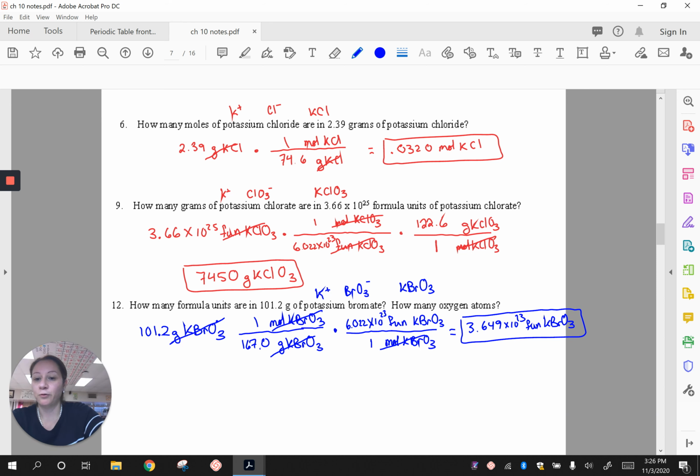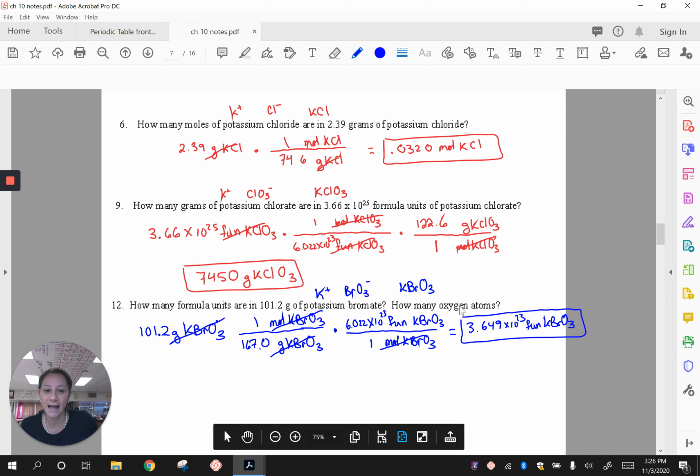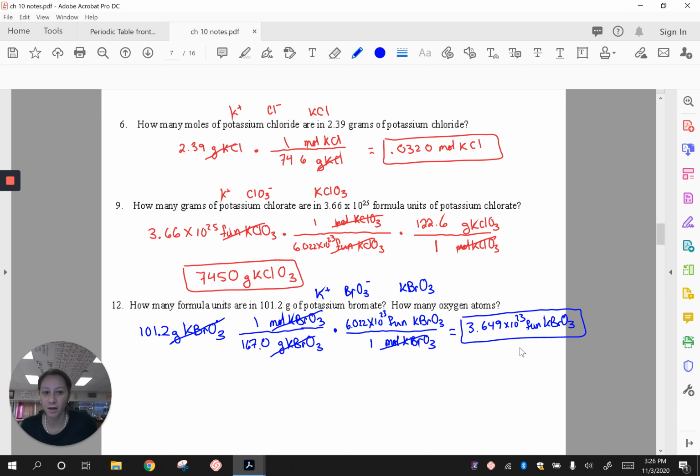So that's how many formula units there are. Now the second question asks you, how many atoms of oxygen are there? There's different ways to do this. Once you have the formula units, remember you can compare between particles and particles.